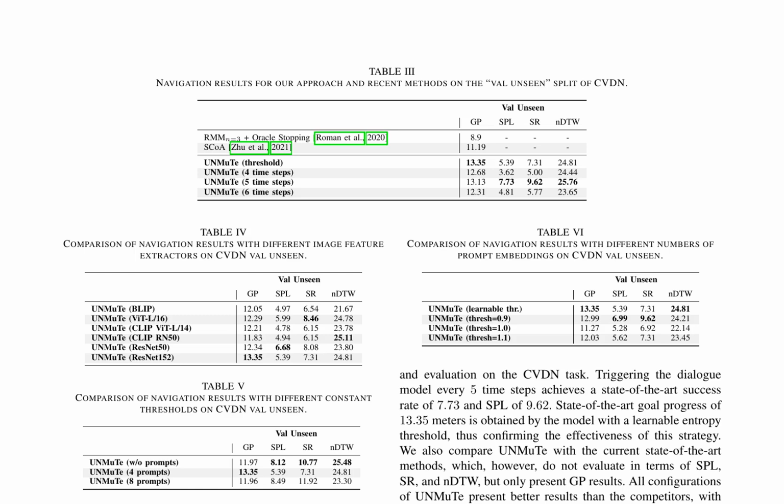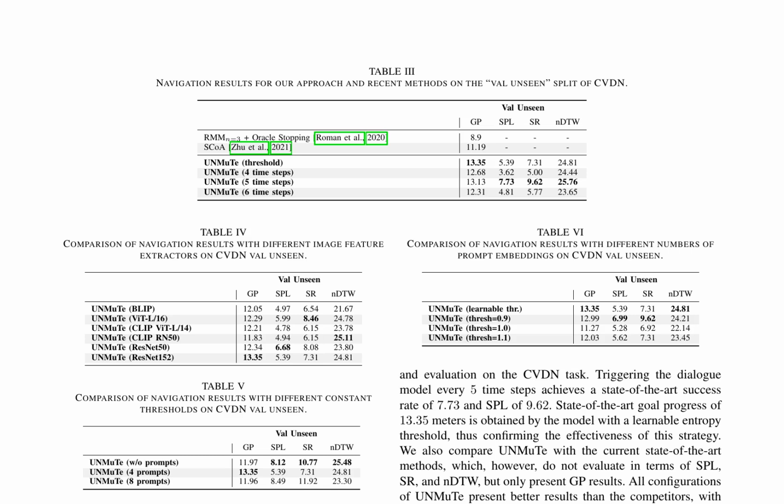UNMuTe outperforms these methods in terms of goal progress, success rate, and normalized dynamic time warping (NDTW). The model is also evaluated using different image feature extractors, including ResNet 152, ResNet 50, CLIP, BLIP, and VTL-16. The results show that using ResNet 152 features achieves the best performance.